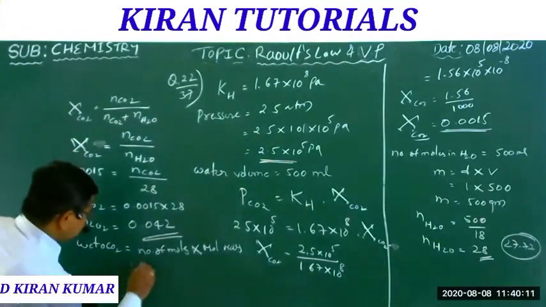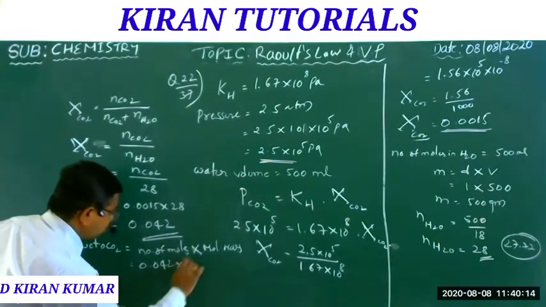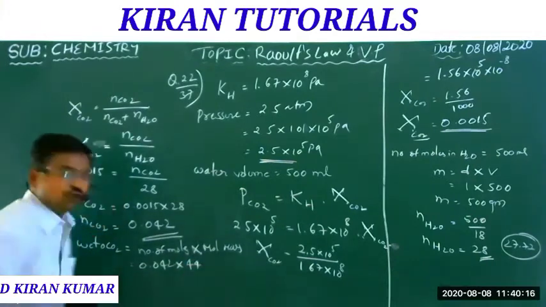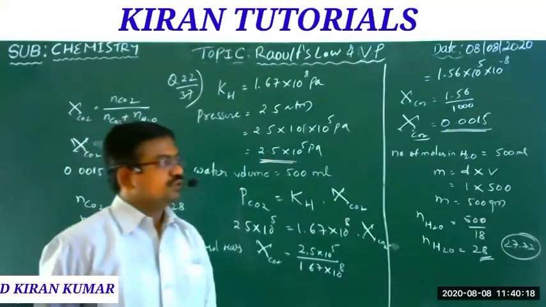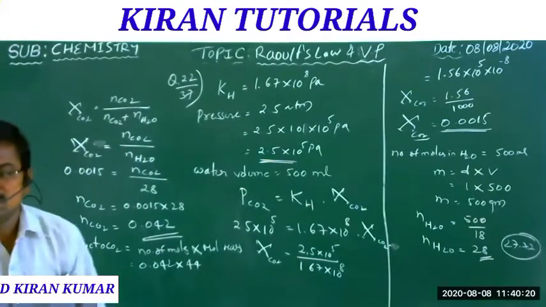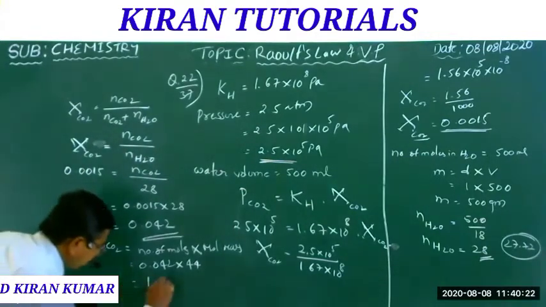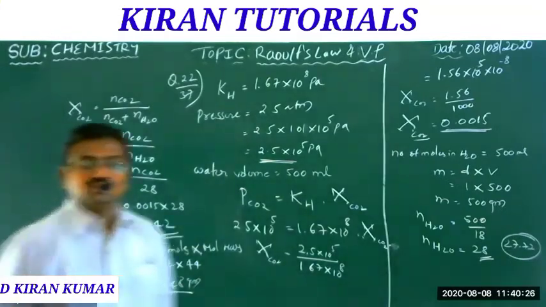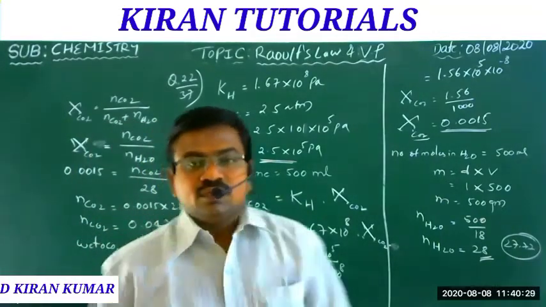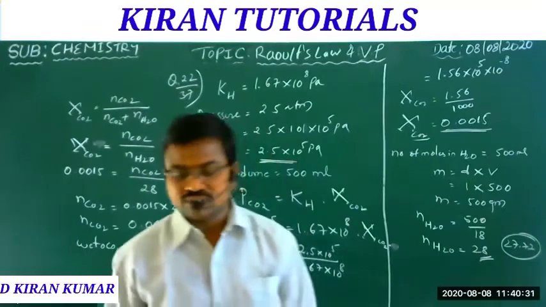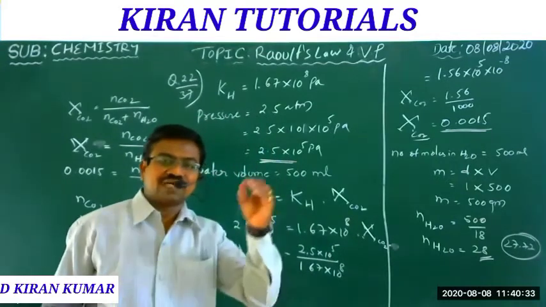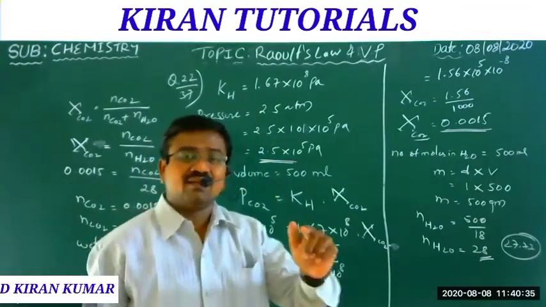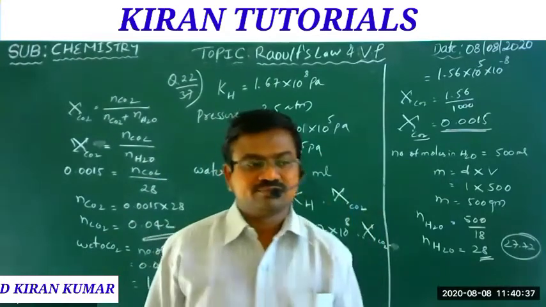So 0.042 into 44. What is the answer? 1.848 grams. So that is the solution to find the amount of carbon dioxide dissolved in 500 ml of water.